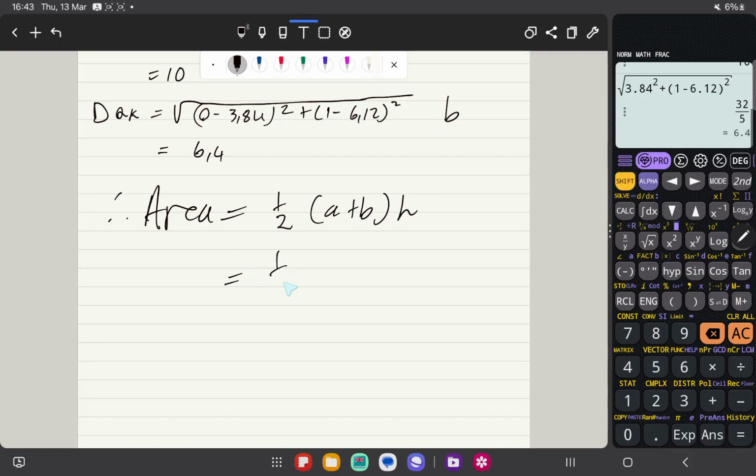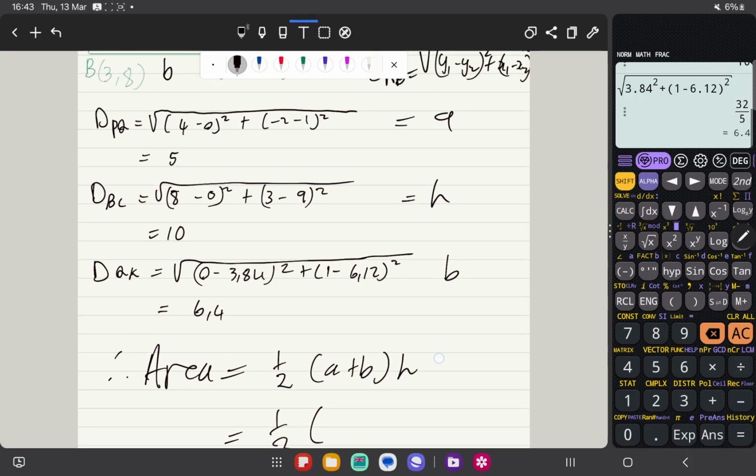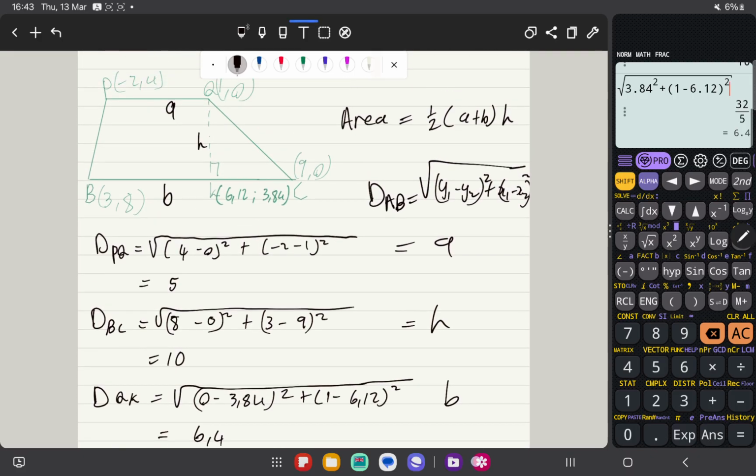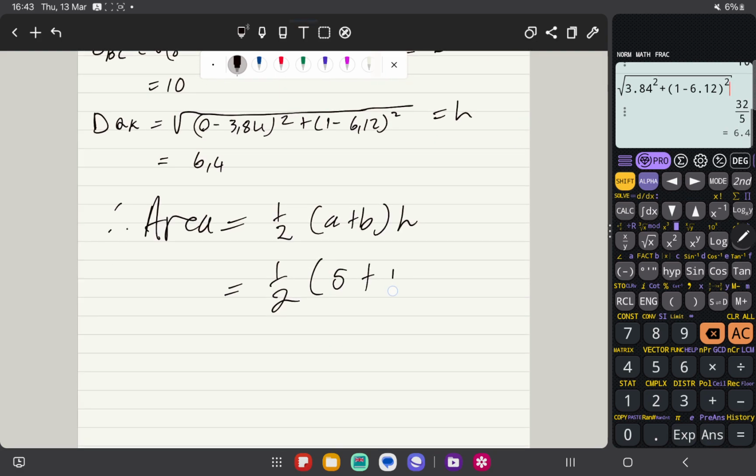That is half my A, which is 5, my B, which is, wait, this is my B, and this is my height. Yeah, so my B, which is 10, my height, which is 6.4.